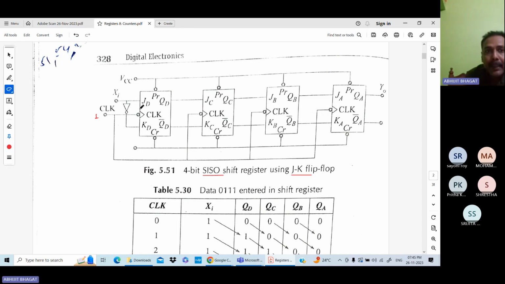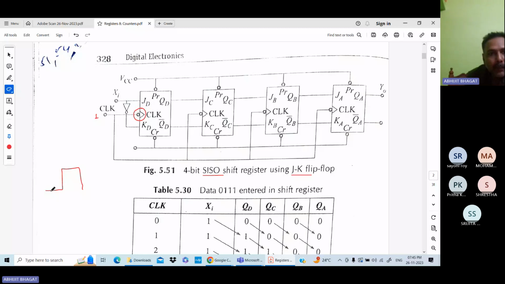Next, this is the symbol of a negative trigger flip-flop. We already discussed it. What is a negative trigger flip-flop? In case of a positive trigger flip-flop, suppose this is the clock pulse.